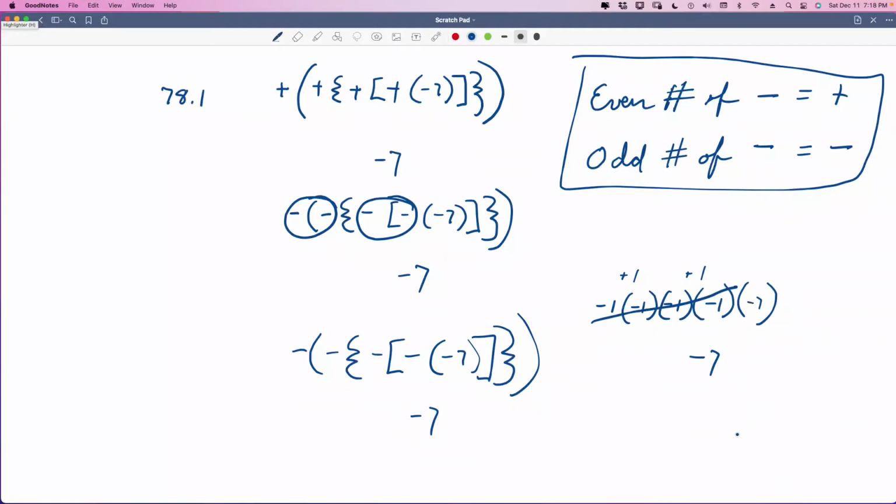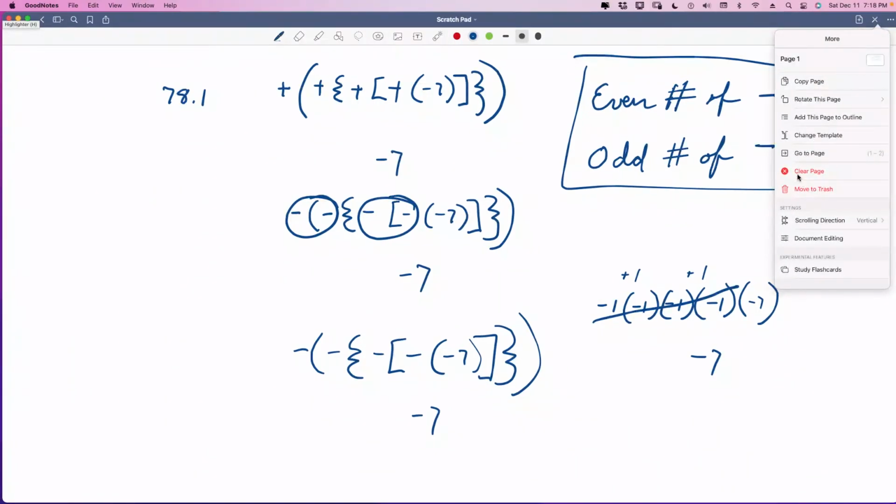All right. That's 78.1. Let's do 78.2. If you haven't written this down, do so. We're going to do some more. So 78.2 is this. So we have how many negative signs? 1, 2, 3, 4.